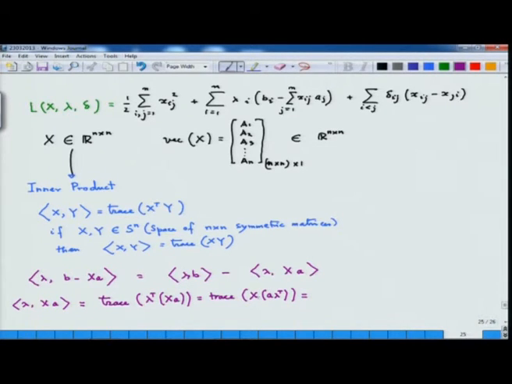Basically this would become trace of AB is trace of BA.